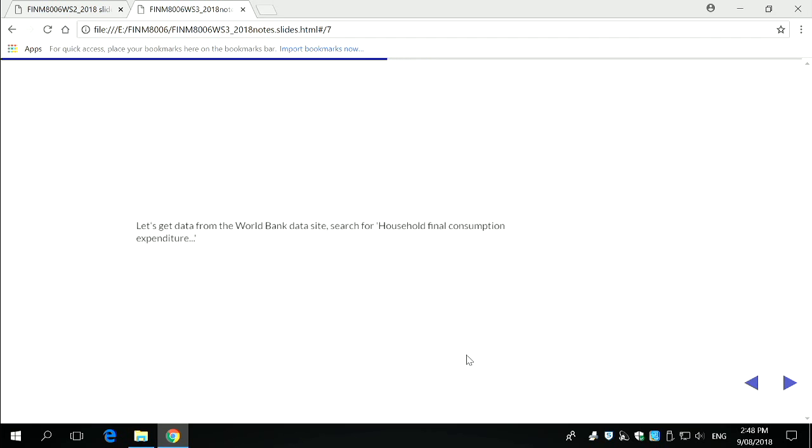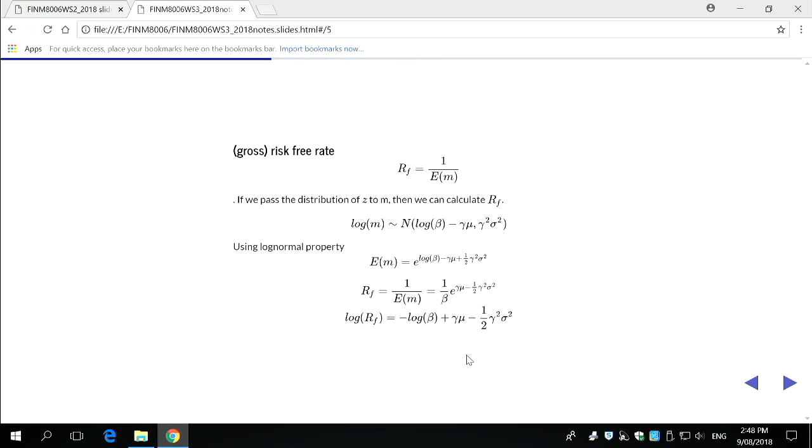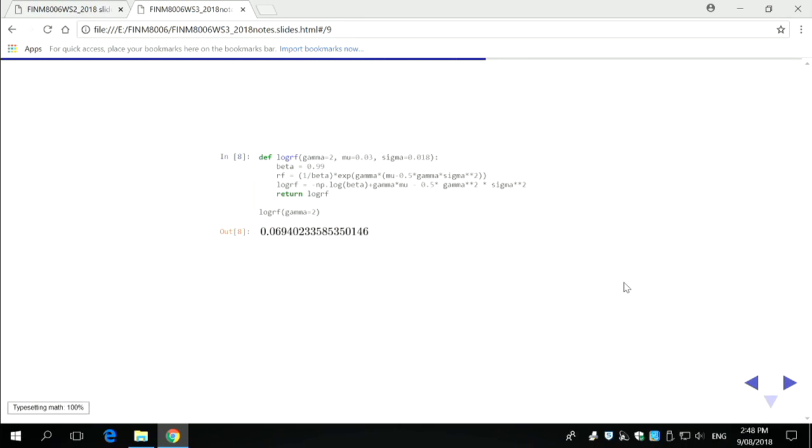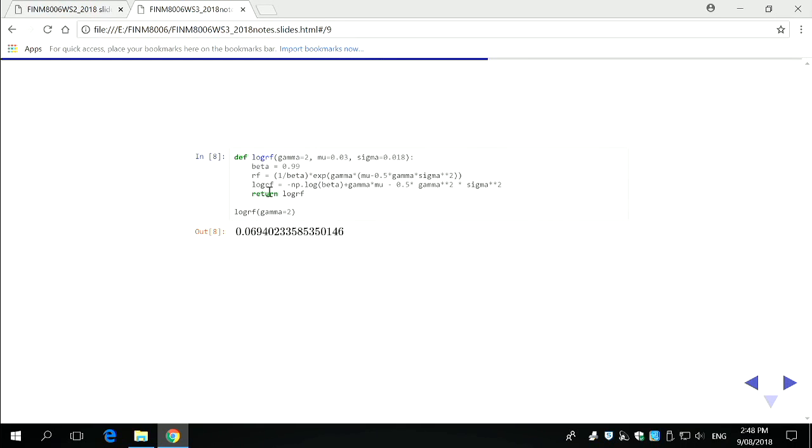Right, so remember this formula. Go back here. We have log of Rf equals to this plus gamma mu, so we already find the mu, minus half of gamma square sigma square. We also find the sigma, right? And then assume some normal gamma, we can solve for what the log Rf is.